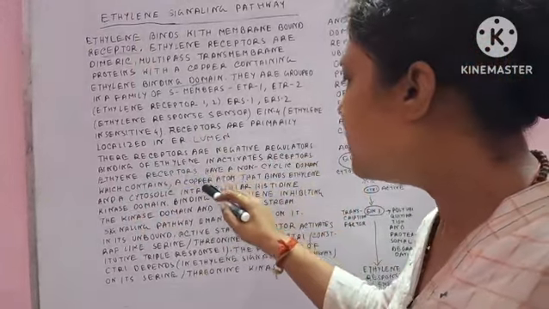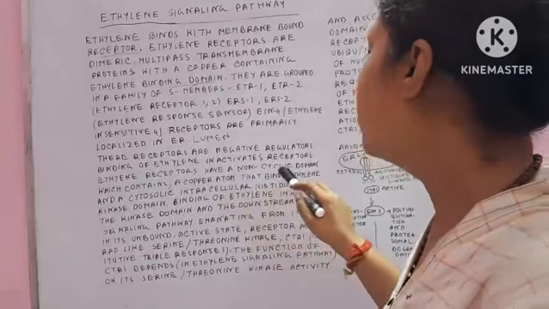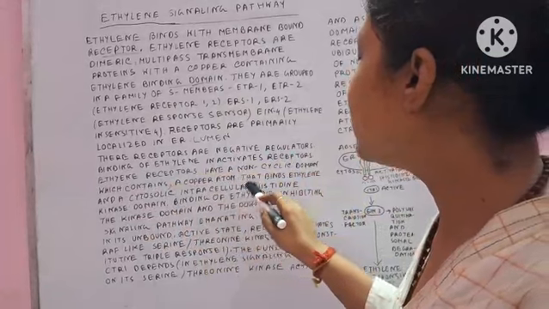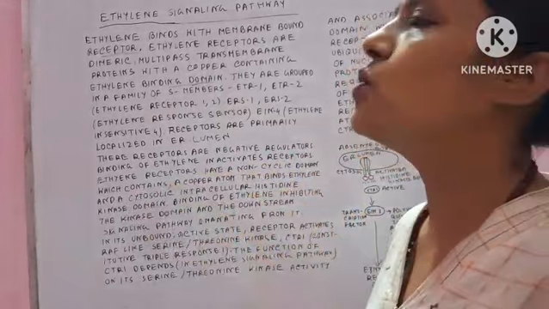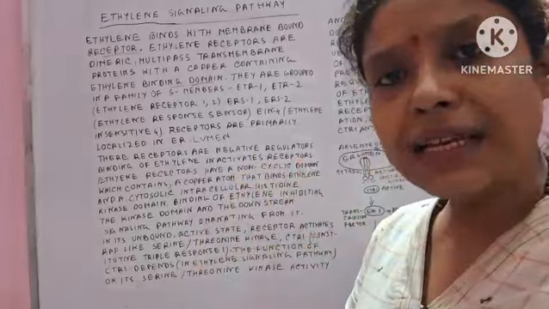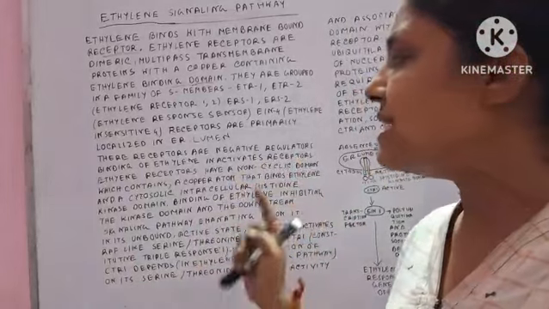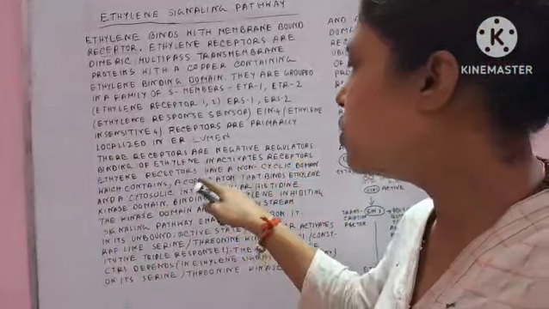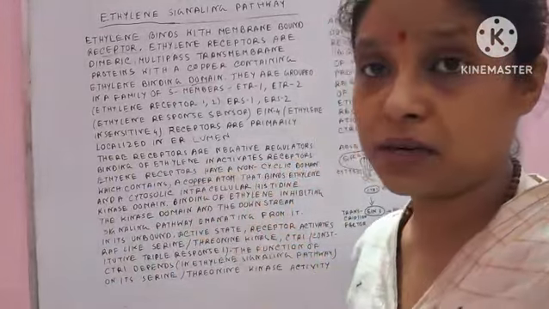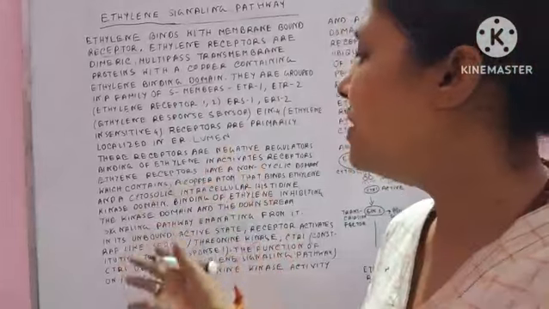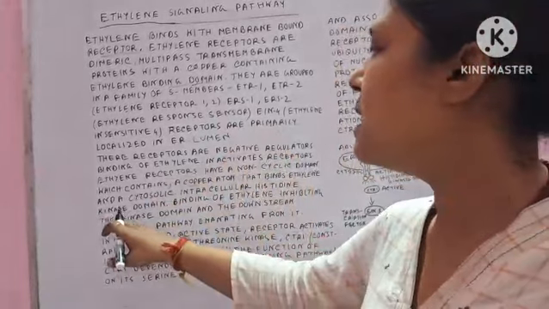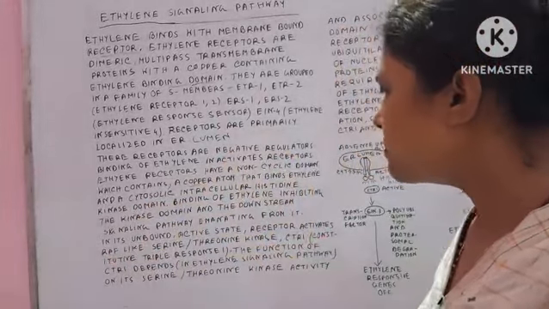And what is the role of this copper atom? This binds ethylene and also the histidine kinase domain. Clear? This is the role of the copper atom present with the receptor. Two things can bind with the copper atom: one is ethylene and another is the histidine kinase domain.